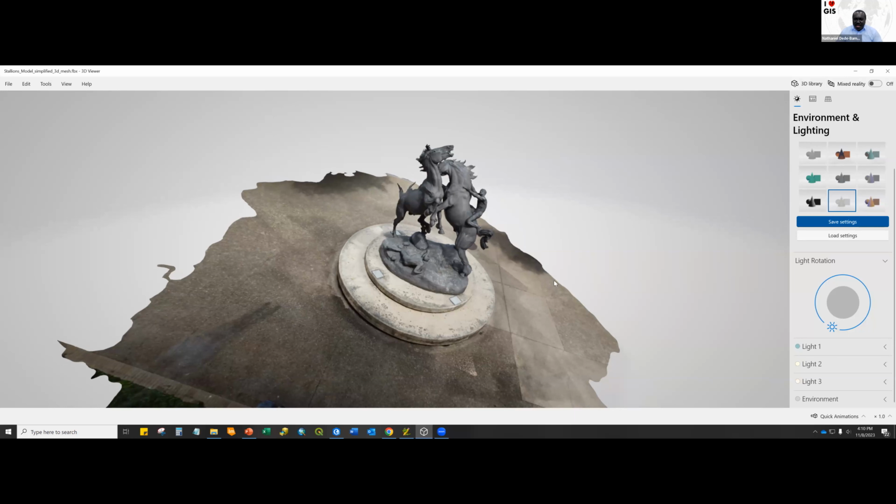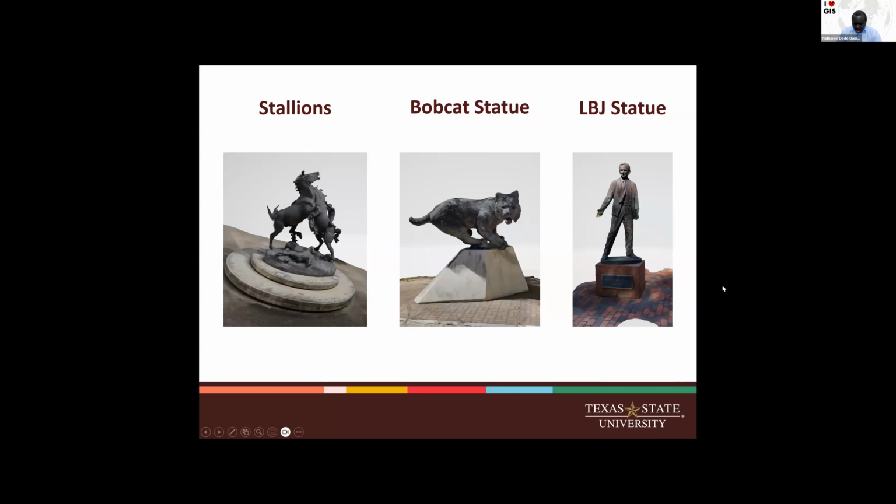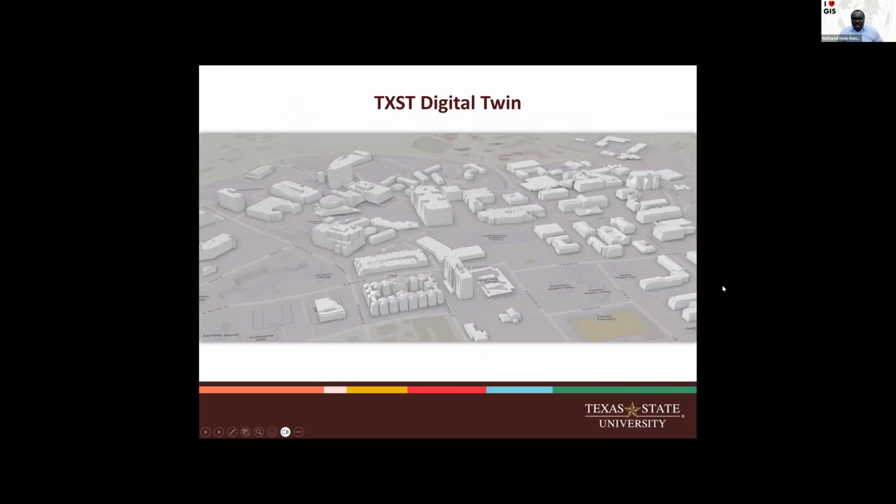All right, I've got a few more, but for the sake of time, I'm just going to continue. So our ultimate goal is to create a digital twin. We've begun.